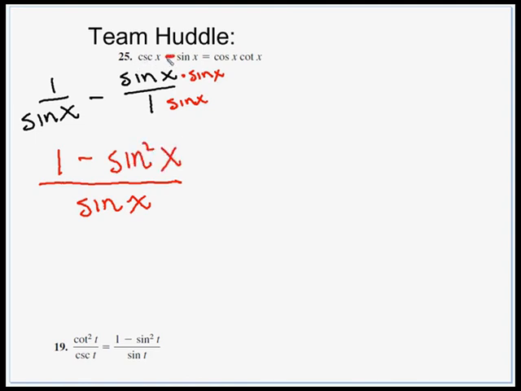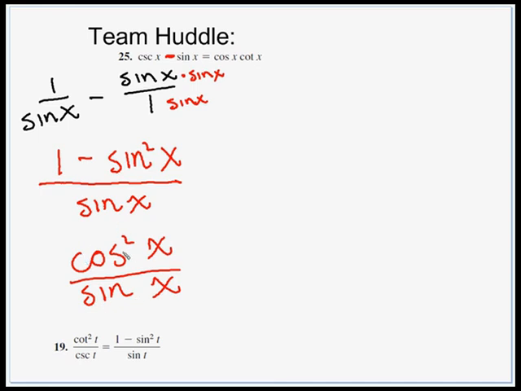Now again, to go from two terms to one term, we are going to need a Pythagorean identity, and we've just created a scenario where that is going to work. So 1 minus sine squared is the same as cos squared of x over sine x. Now remember, sine over cosine is tangent, and the flip of it, cos over sine, is cotan.